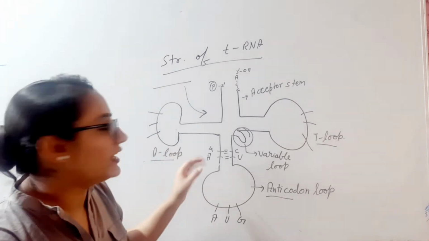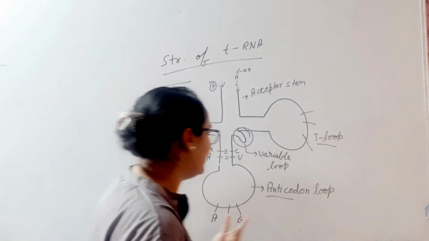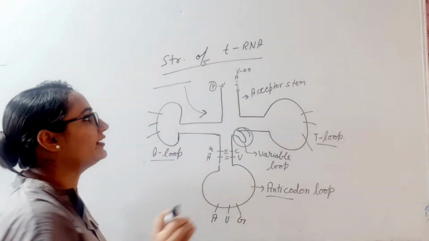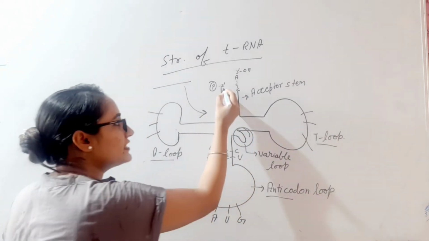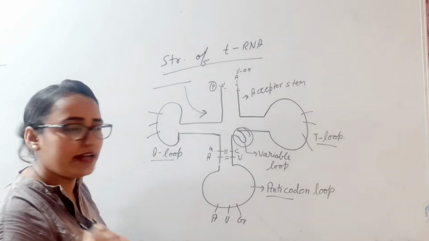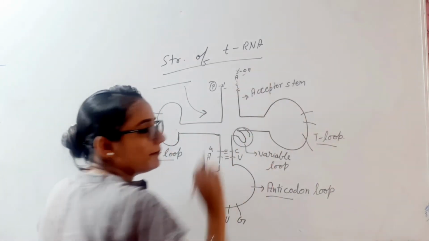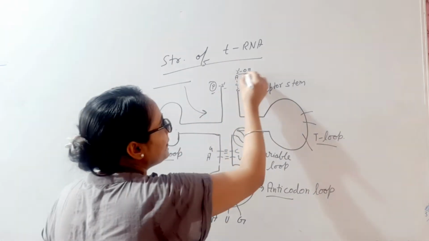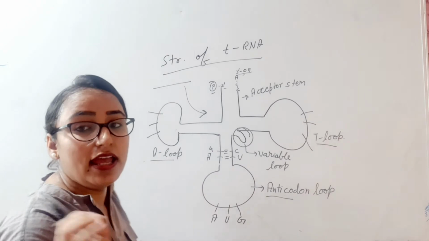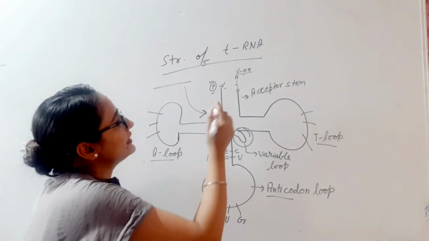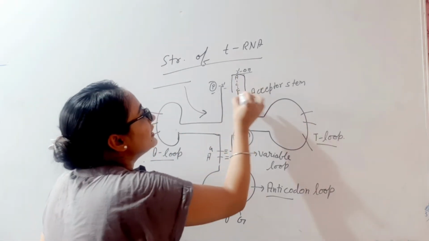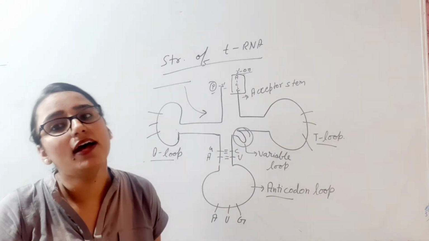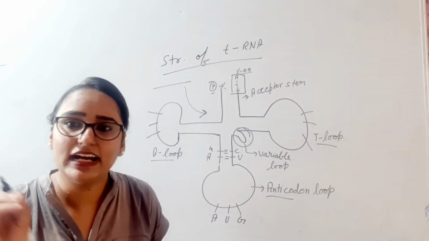So there are three arms, the D loop, T loop and the anticodon loop, and this is the acceptor strand. You must remember that at the acceptor strand one end is the 5' end and the second end is the 3' end. At the 5' end the free phosphate is present and at the 3' end a free hydroxyl group is present, and there is some specificity, that is the ACC. This ACC is present at the 3' end of the acceptor strand of the tRNA.